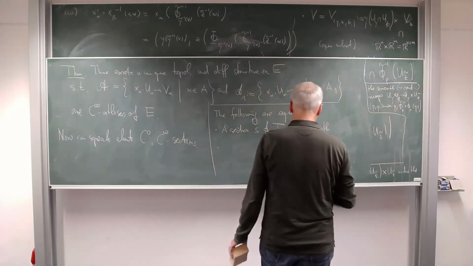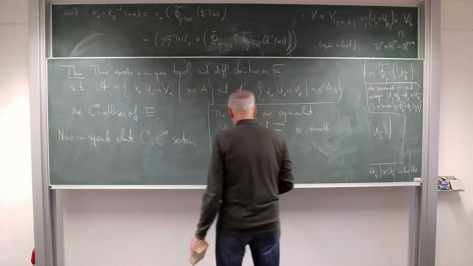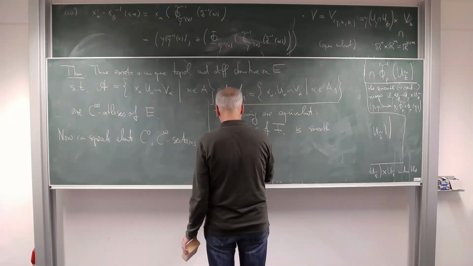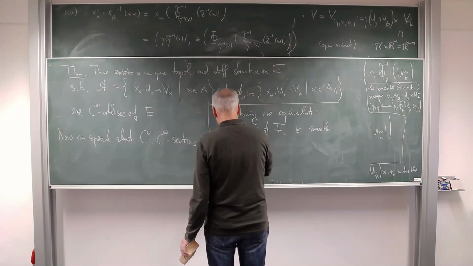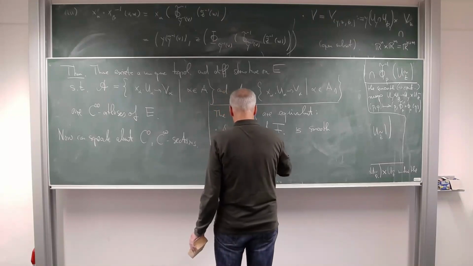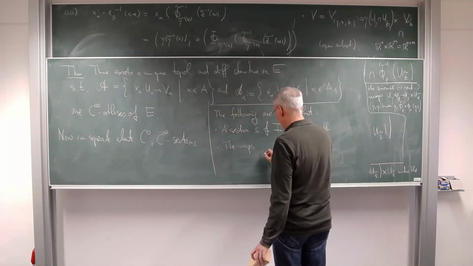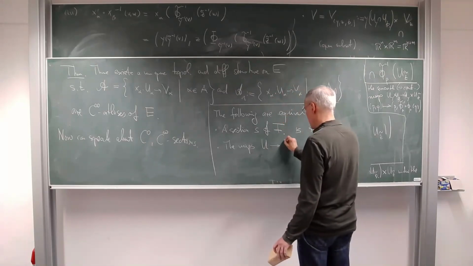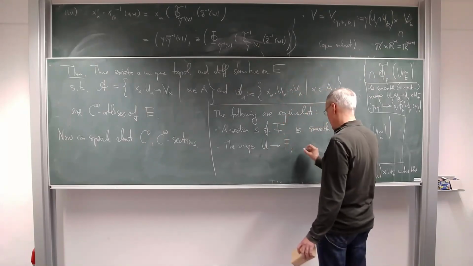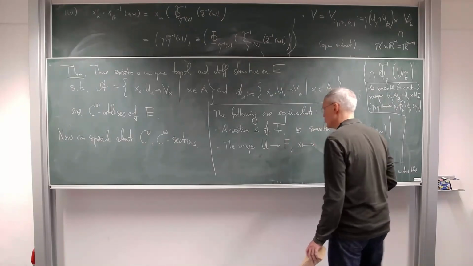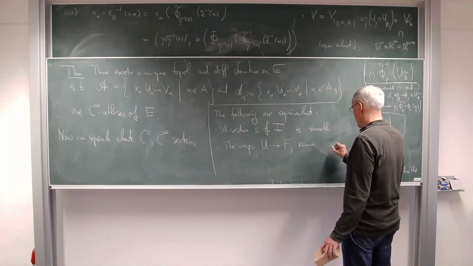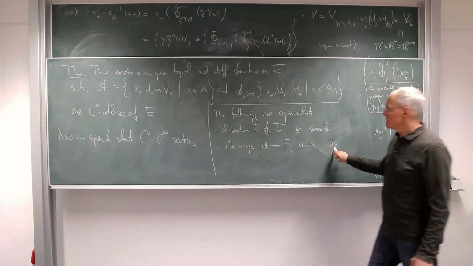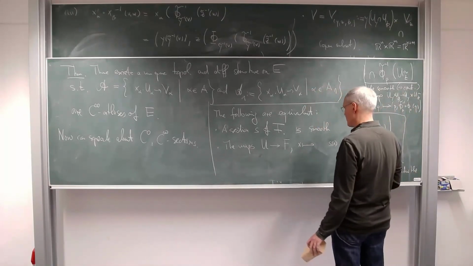or the maps given as, so if I have any local trivialization, the maps from U to F, given as x is being mapped to take the section, then I'm landing in the fiber Fx, and then I want to apply a local trivialization to it.